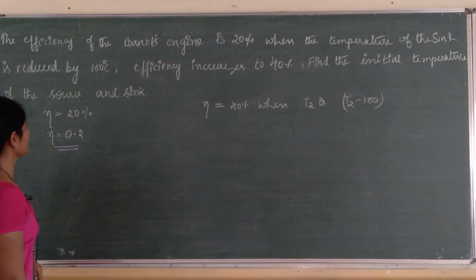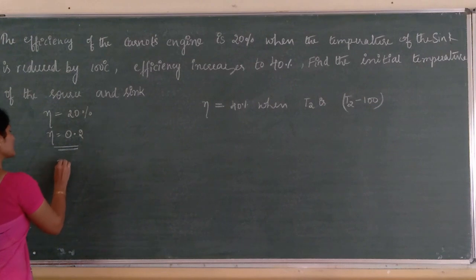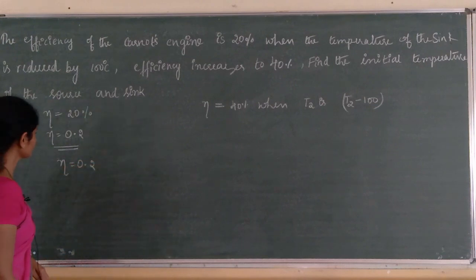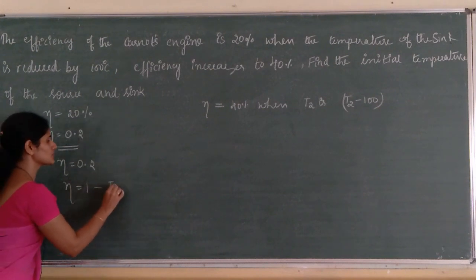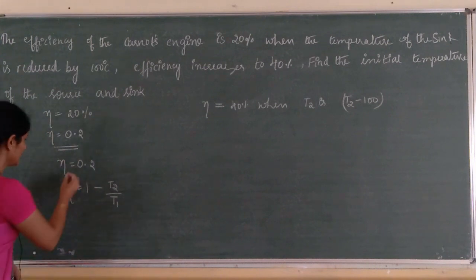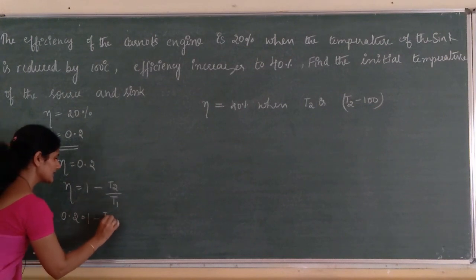Find the initial temperature of the source and the sink, T1 and T2 values. Efficiency eta is equal to 0.2, it is already given. We know that efficiency eta is equal to 1 minus T2 by T1. Efficiency is given 0.2 is equal to 1 minus T2 by T1.